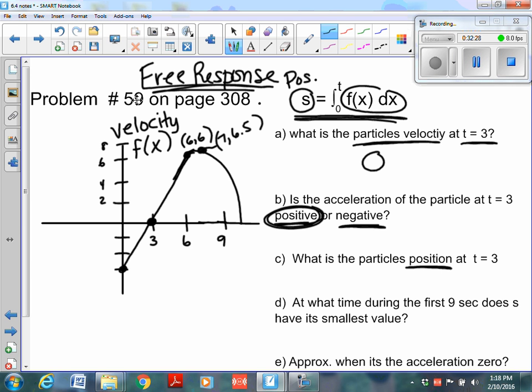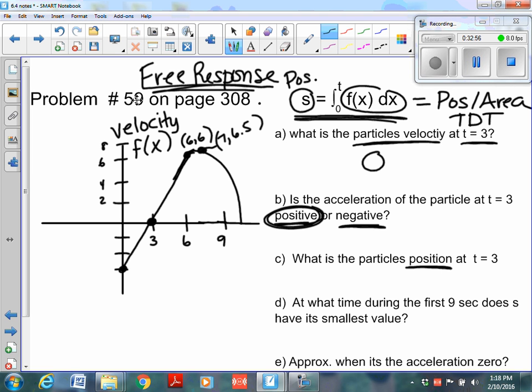When you integrate, what are you trying to find? What have we been finding? When you got an answer, what does it stand for? Area, total distance traveled, position, all of the above, correct?